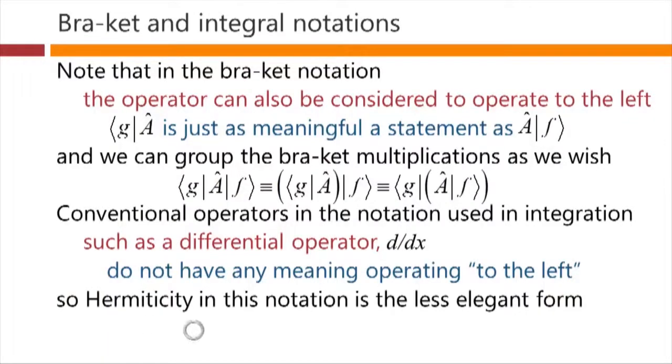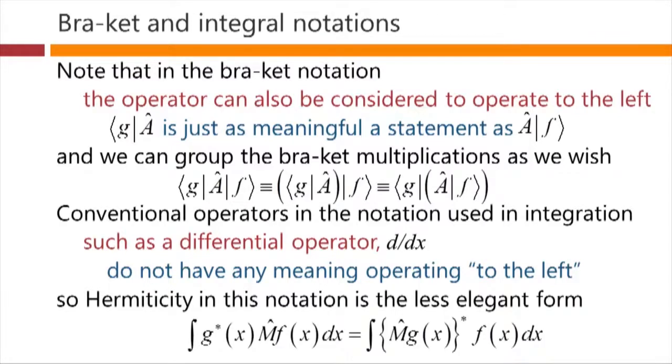So Hermiticity in this notation is the less elegant form that we just derived, because we don't have the option of having this operator, whatever it is, operate to the left. That doesn't mean anything with things like differential operators that might be buried inside here. But in the bra-ket notation, we can do that. We can operate to the left first, which is just a matrix vector multiplication done legally, or we could operate to the right first. It doesn't matter.